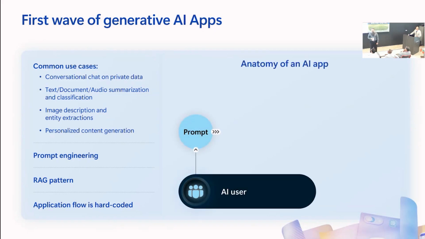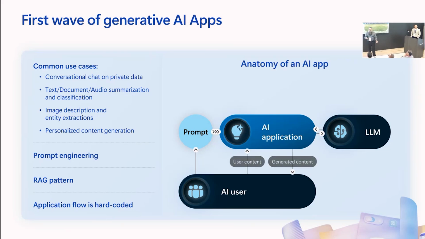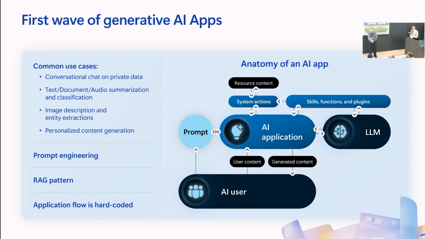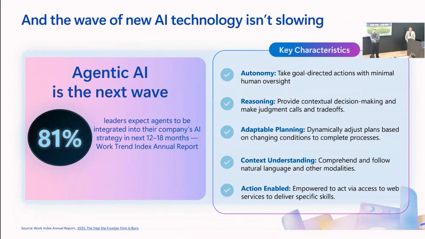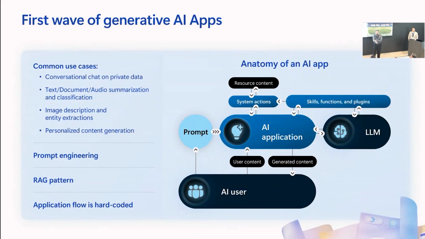First, I wanted to walk through the first generative wave of how AI apps were built. As we all know, when AI first came out, it was very generic, just a conversational chatbot: you gave it a question and it came back with an answer.